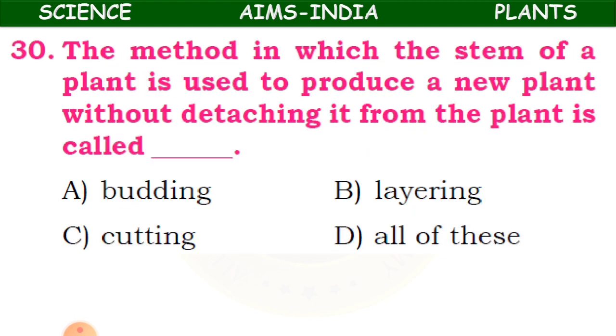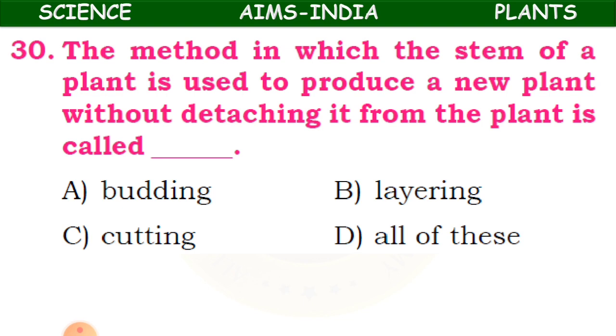The method in which the stem of the plant is used to produce a new plant without detaching it from the plant is called. Children, we have learnt how, in the reproduction process, in different methods, the plant is grown, through cutting and all that.